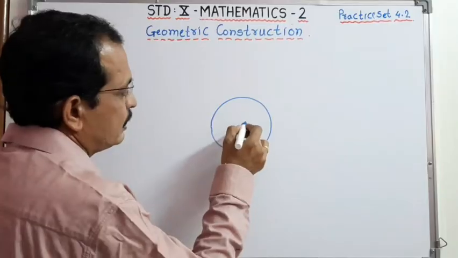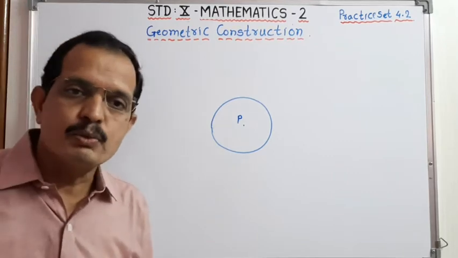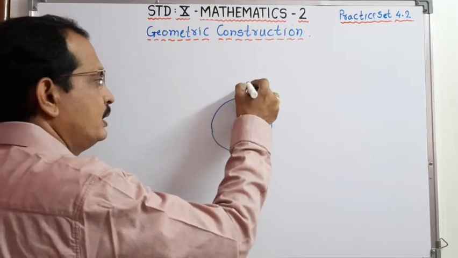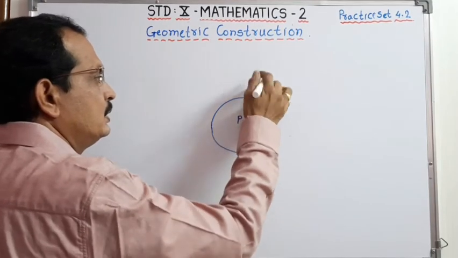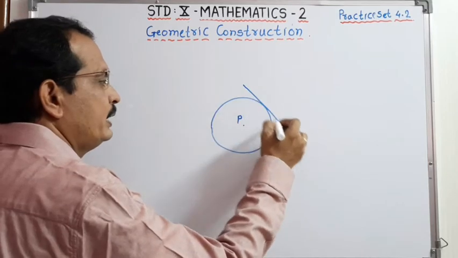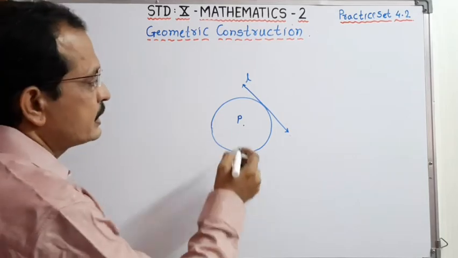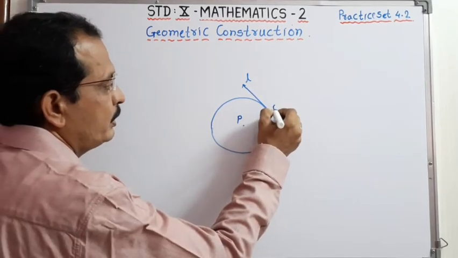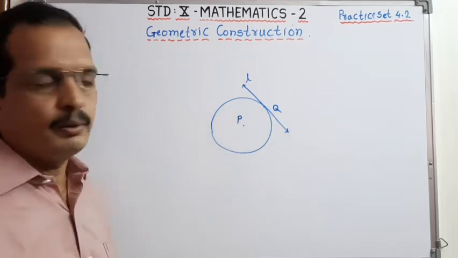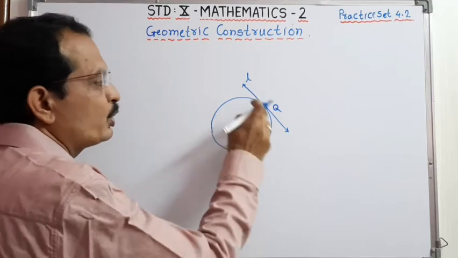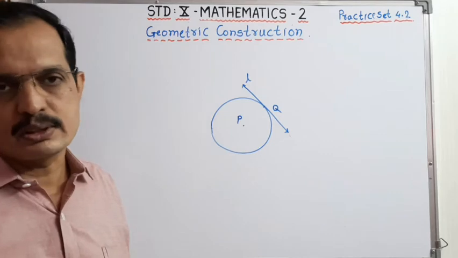This is a circle with center P, and in this circle suppose I draw a line L. Now this line L intersects the circle at point Q. That means there is one and only one common point between the line and the circle. Then this line is known as a tangent of the circle.